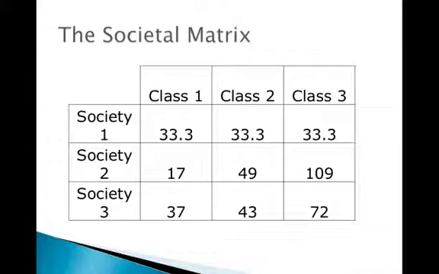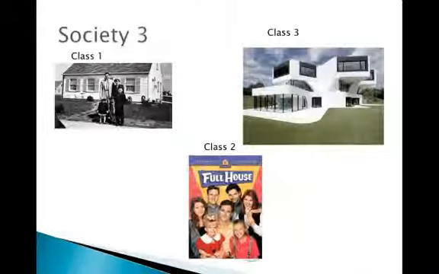Why would most people pick Society 3? Well, because the worst off in Society 3 are better off than the worst off in Societies 1 and 2. That's generally why they pick Society 3, because you can assume that your enemy will give you the worst class, Class 1. But at the same time, the worst off in Society 3 is better off than the worst off in the other two. It's the best case scenario for the worst off, I guess. Okay.